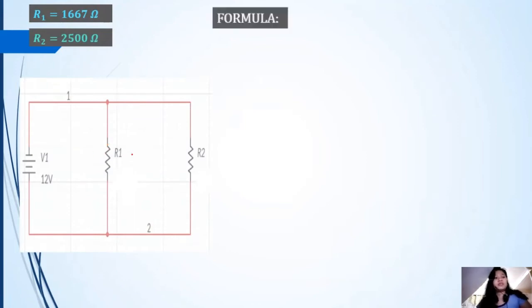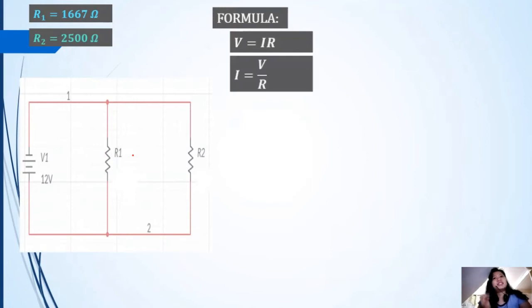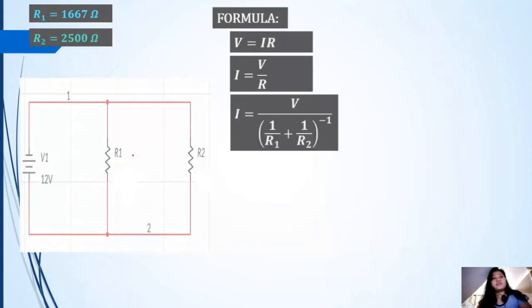The formula we will be using is from Ohm's law, which is V equals IR. Since we will be calculating the current flow, we will be using the formula derived from Ohm's law, which is current is equal to voltage over resistance, and substitute the given.